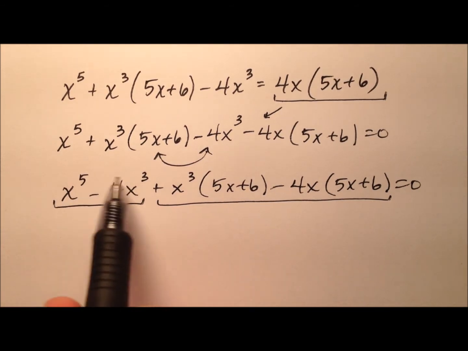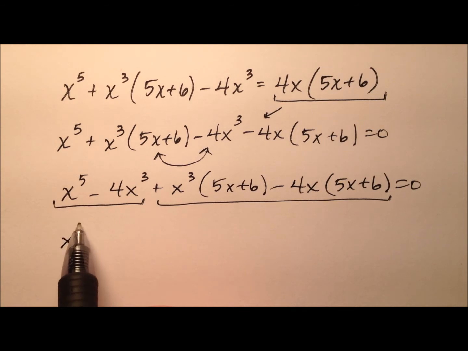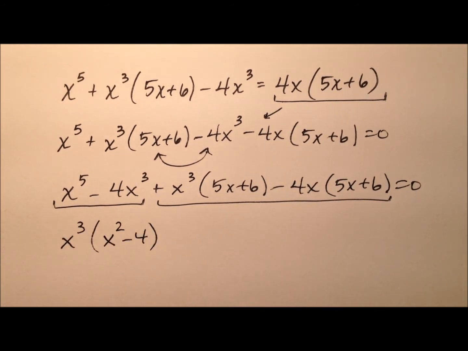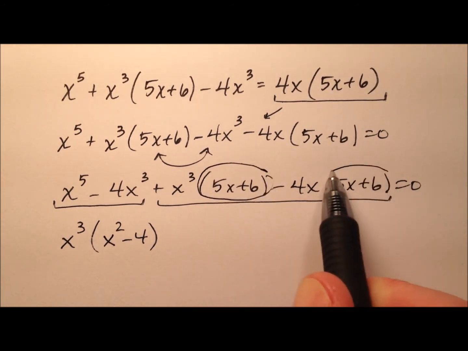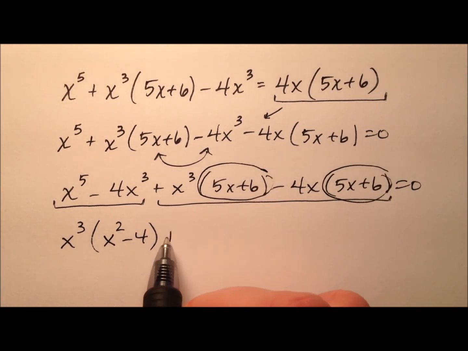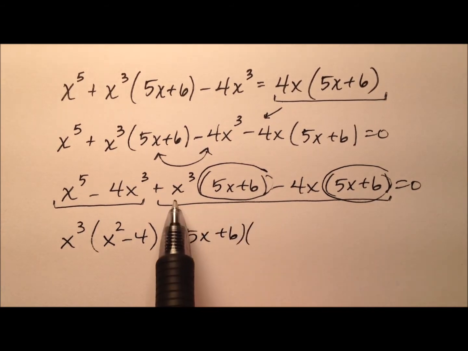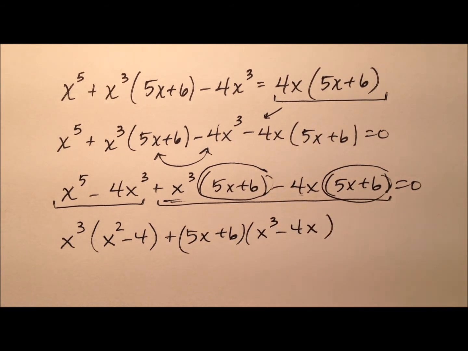So we have this first group and then this second group. It looks like we can pull an x cubed out here, and I'm left with x squared minus 4. And here, I'm going to factor out this 5x plus 6. And what I'll have left is x cubed minus 4x.